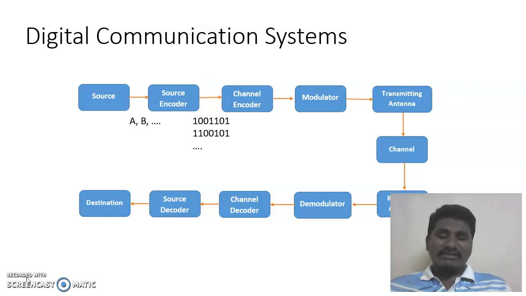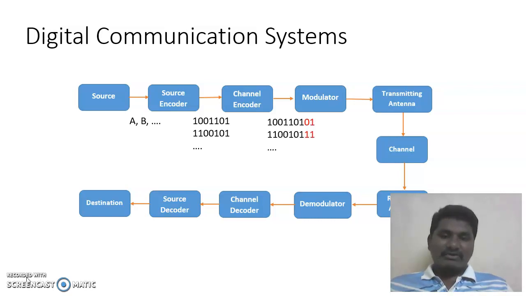Likewise, we are going to assign a different binary sequence to each and every discrete information that was generated by the source. So here we can understand that the source encoder is assigning binary sequences to different discrete information that was generated by the discrete source.